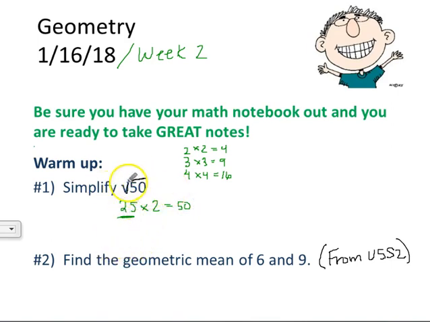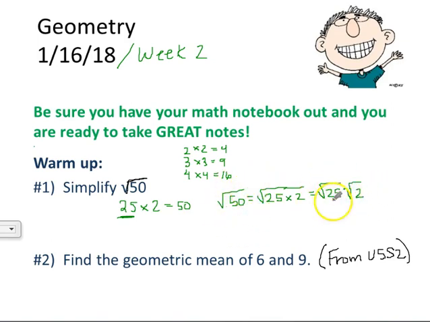So I'm going to rewrite the square root of 50 as the square root of 25 times 2. And then I can break it apart and say the square root of 25 times the square root of 2. That's the same thing. If we put that together, that would be the square root of 50.